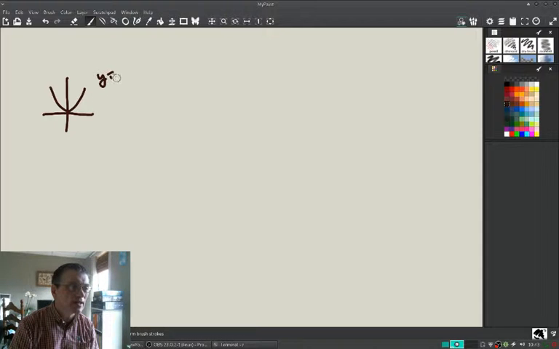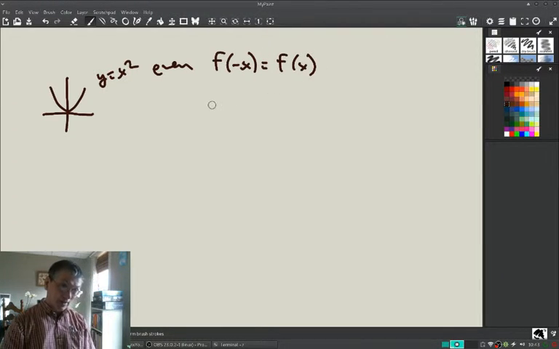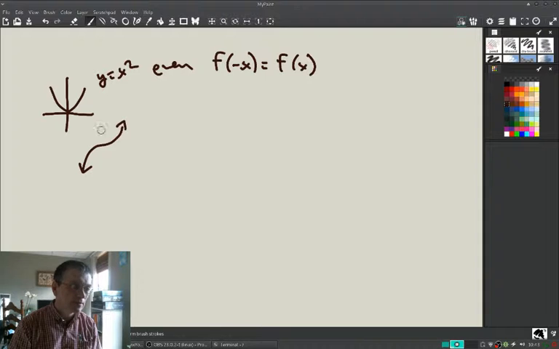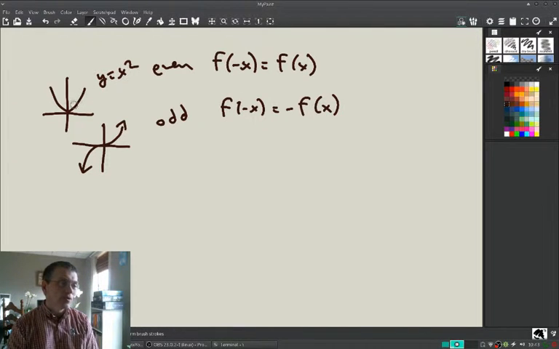If you had y equals x squared, this is even, which means that if you put a negative number in for x, you will get the same result as if you put the positive number in. So if you put in 2, you would get y equals 4, and if you put in minus 2, you would also get y equals 4. So that function's even.